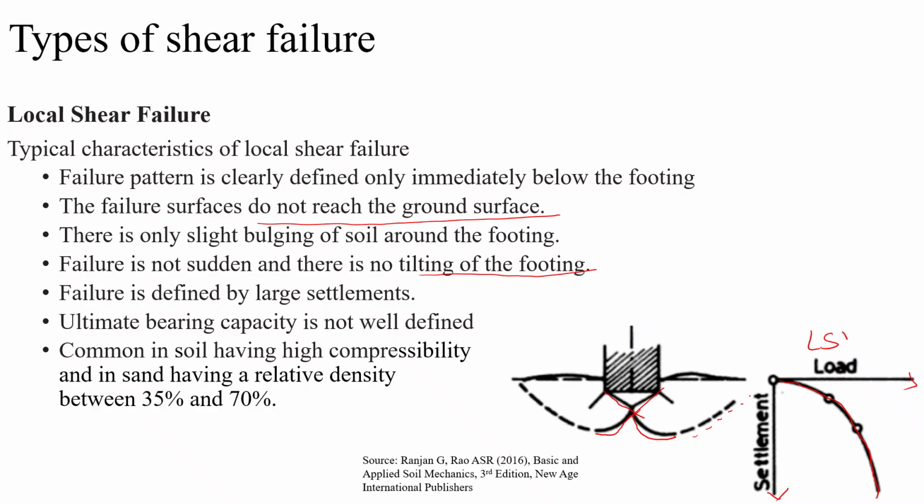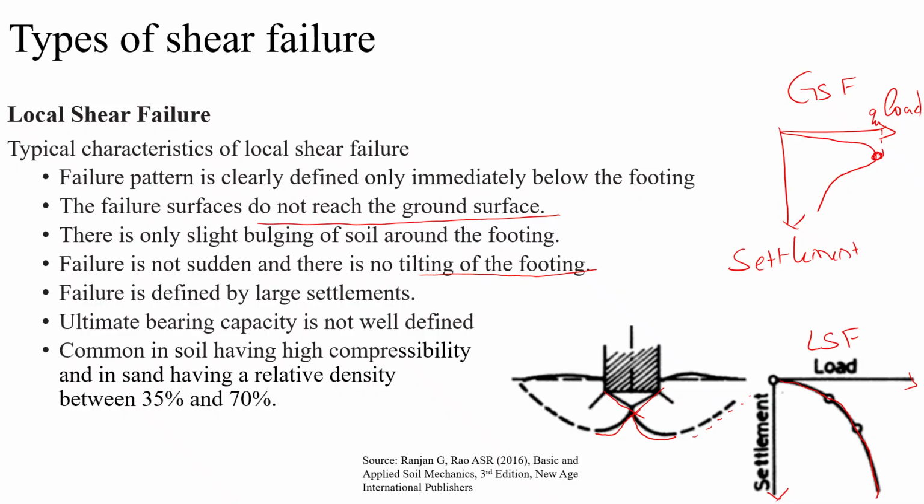From this figure, you can see that there is no prominent ultimate bearing capacity. If you compare this figure with the load settlement plot of a general shear failure, this is load and this is your settlement. You'll have a plot like this. You can see that you can clearly identify your ultimate bearing capacity in this case.